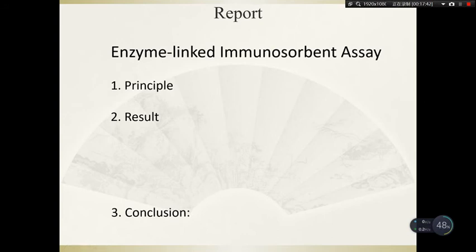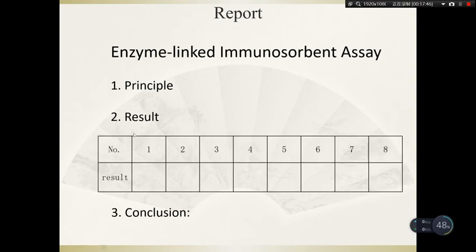Now, let's see how to write the result. First, we need to make a table. This number is the number of the wells, and then we write the colors of the positive, negative, blank, and sample in here.